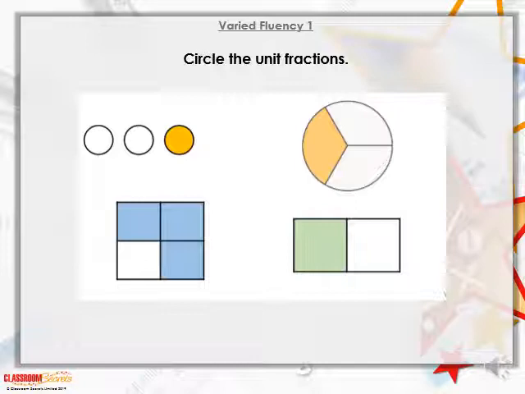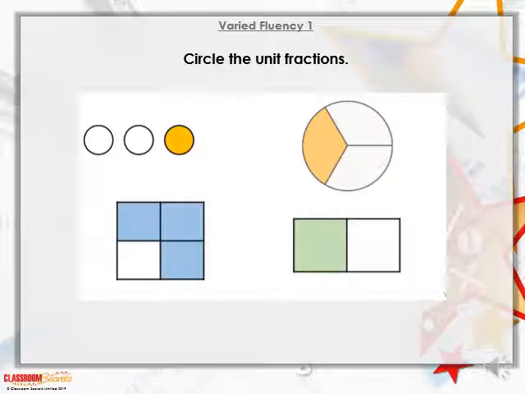What I would do is count how many parts it's been split into to find the denominator, and then find the numerator by counting how many parts have been shaded in. So pause the video here and have a go at that question.